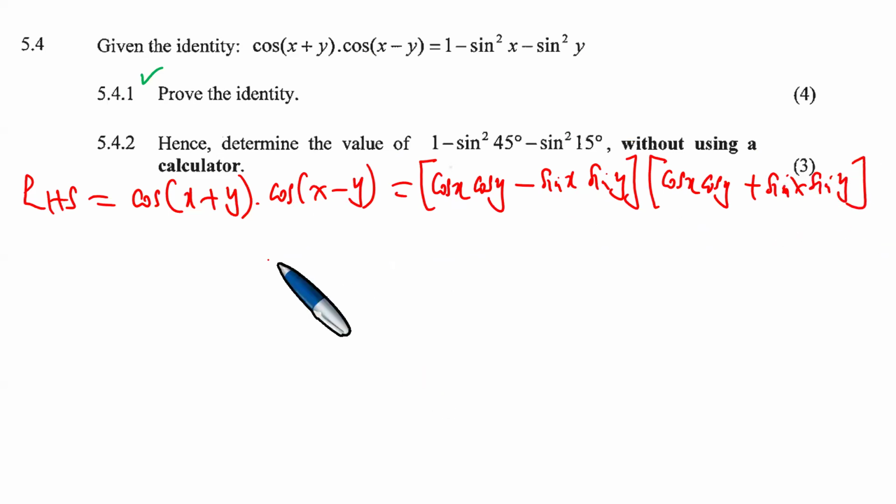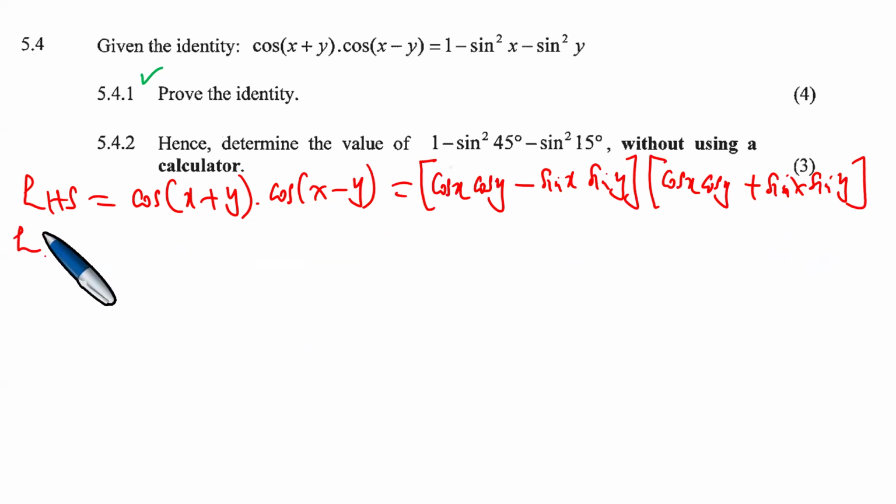Okay, using some of these trigonometric compound angle formulae, we're able to have the following expansions of the compound angles. Okay, compound angle identities. So the cosine of x plus y becomes this, and the cosine of x minus y becomes that.